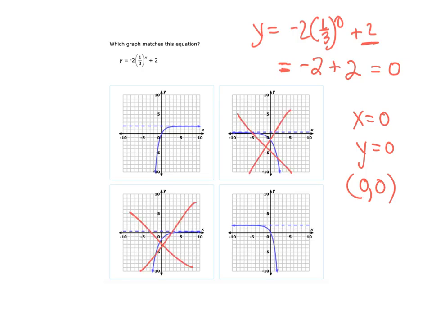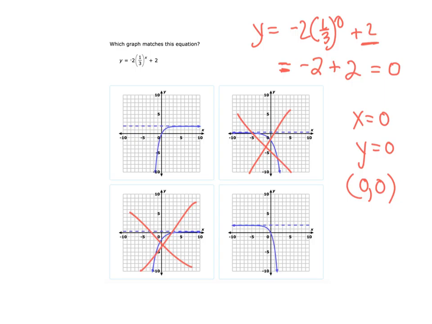And so the question is, is it this one up in the upper left, or is it this one in the lower right? Well, if I look at the growth rate, it's 1/3. This means this thing is losing 67% of its value every iteration, every year, every month, every hour, whatever the situation is. So this is definitely an exponential decay problem, but I've got a negative A. So it should go down as decay does.